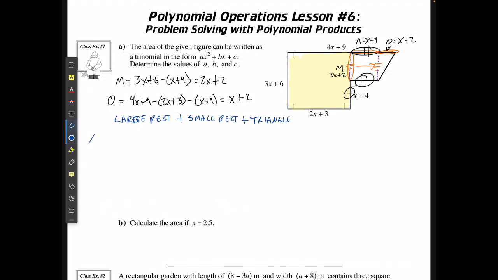So my area is going to equal 3x plus 6 times 2x plus 3, plus 2x plus 2 times x plus 4, plus, here's a tricky one, the 2x plus 2 times x plus 2 divided by 2 for that triangle.